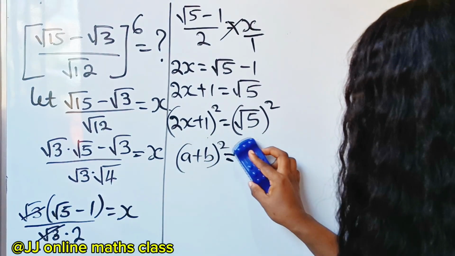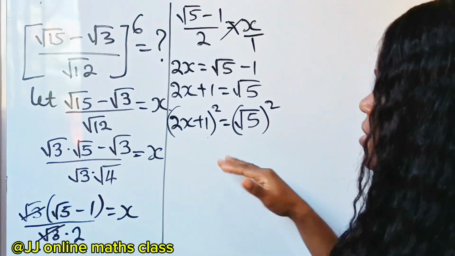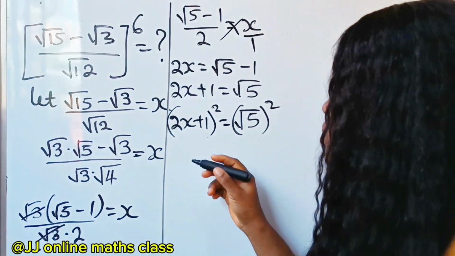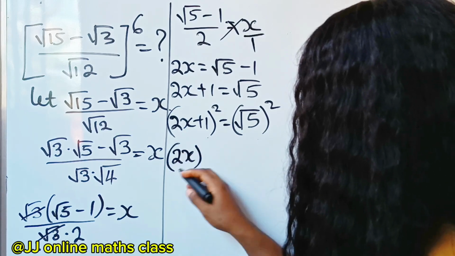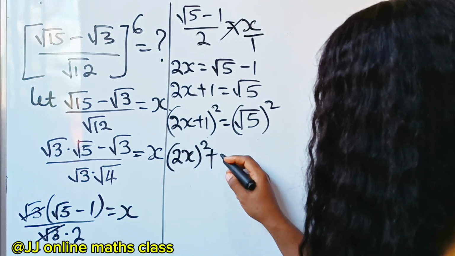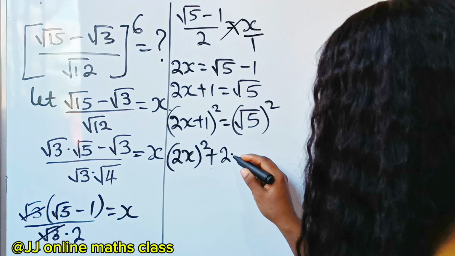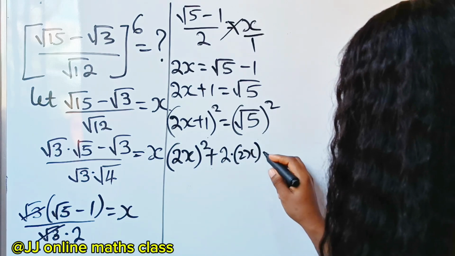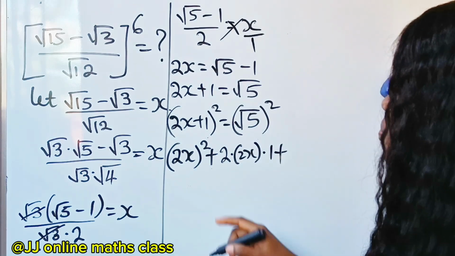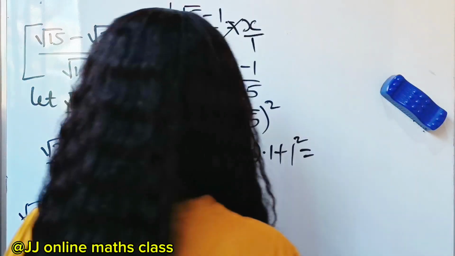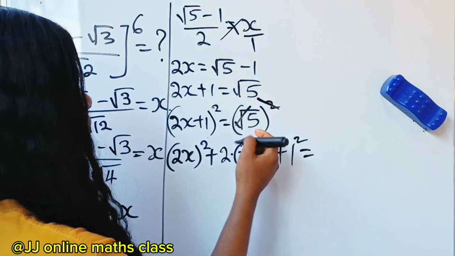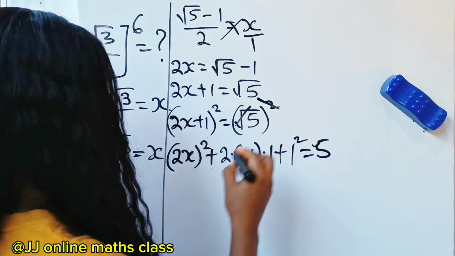So we are going to express this in this form: a squared, that is 2x squared, plus 2ab, that is 2 multiplied by 2x multiplied by 1, plus b squared, that is 1 squared, and everything is equal to, now this we cancel, and we are left with 5.